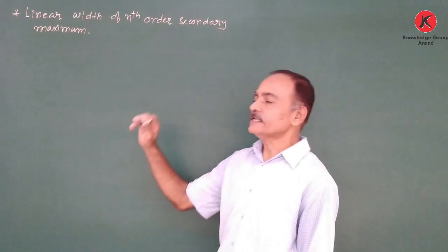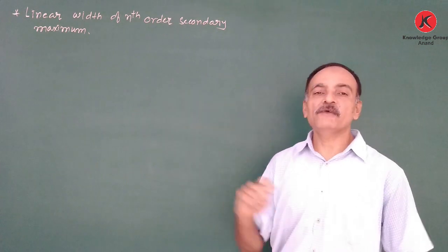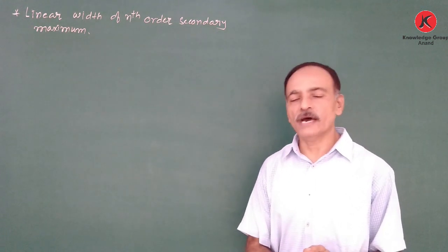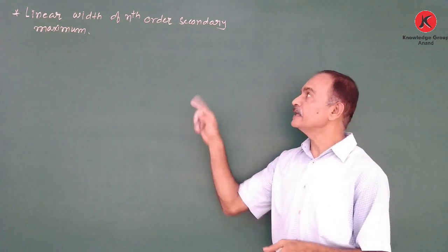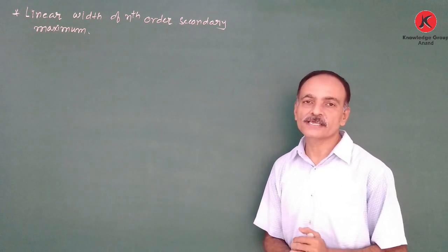Okay, now after that we obtained the linear width of a central maximum. Now we are going to derive the equation of the linear width of the nth order secondary maximum.